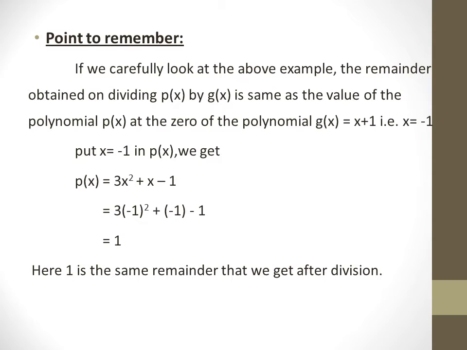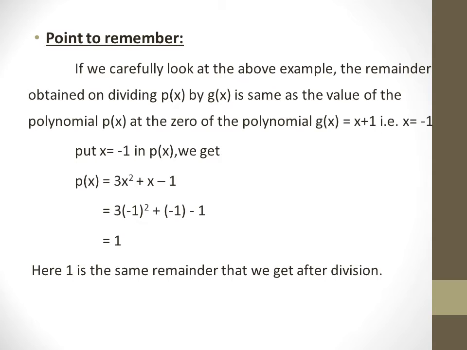Now if you carefully look at this example, this 1 is also the remainder you got in the previous example, the same example, when you solved it using the long division process. The same thing you get in these 3 steps only, by considering the zero of g of x.